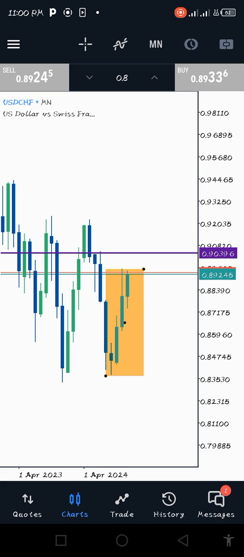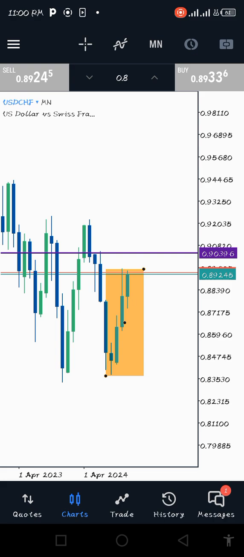USD is a strong currency right now against the Swiss franc. The Swiss franc bank just cut the rates on returns to investors. We are expecting the Swiss franc to fall, and it's a quote currency on this pair.